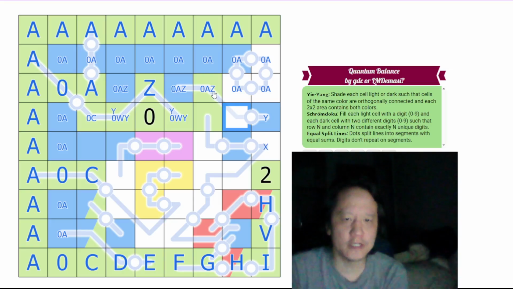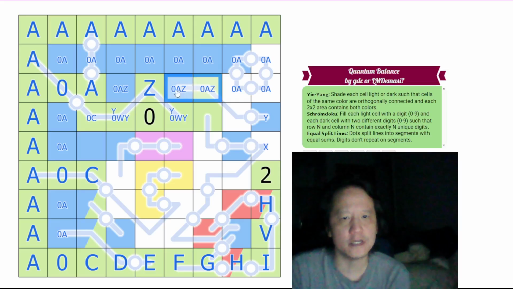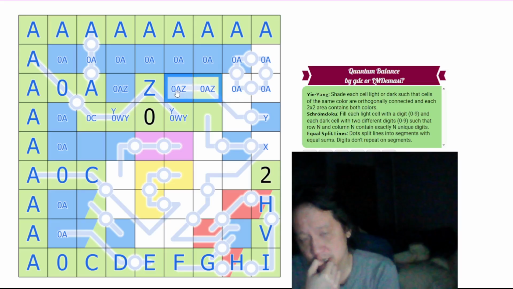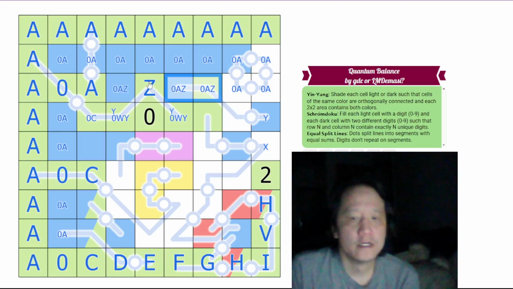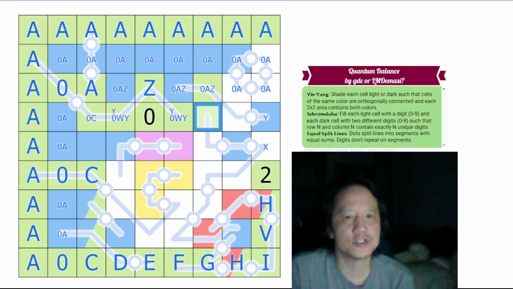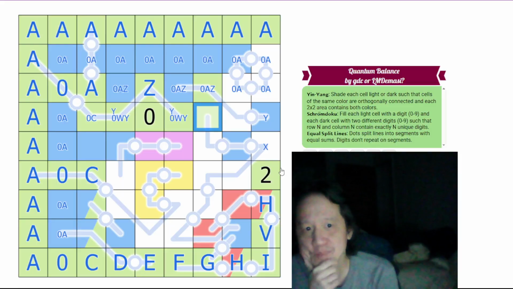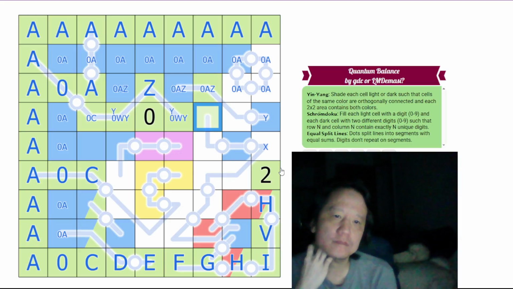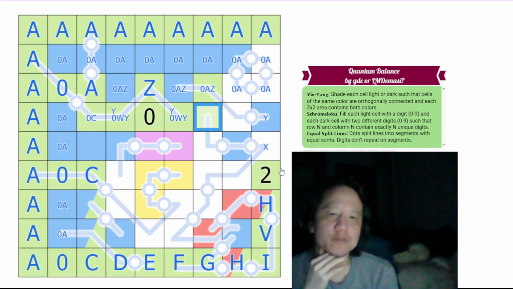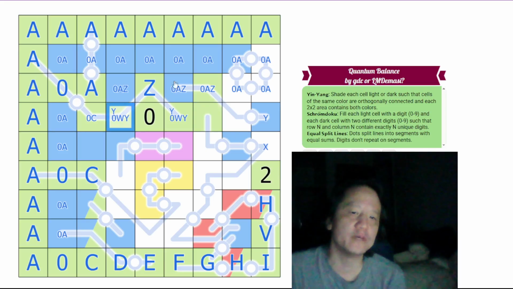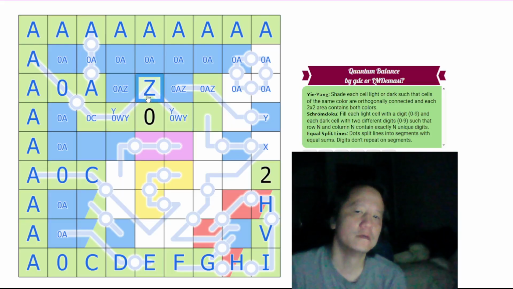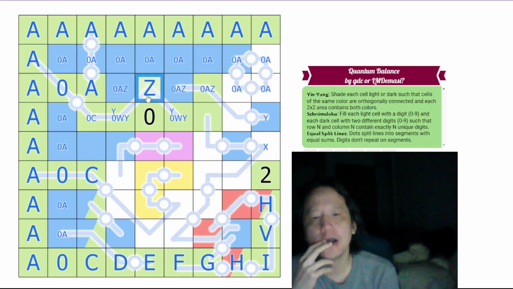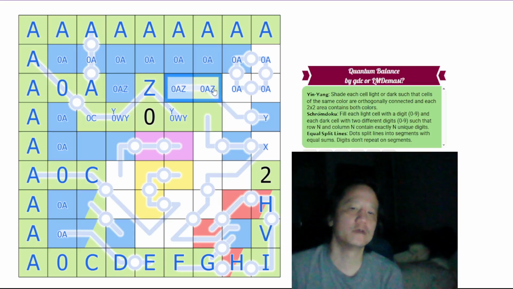So we're guaranteed a 0A and a Z here. This is a single digit. We don't know. So A must be the sum of W, Y, and Z. Okay. A is also here.